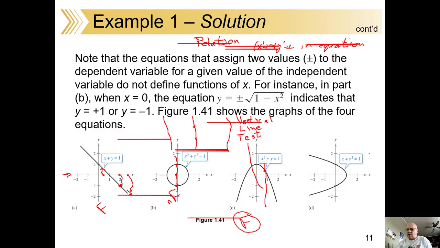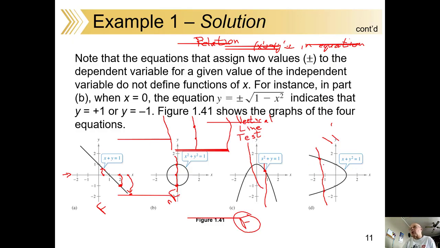On this one, however, it's easy to draw a vertical line. Oops, why is this doing this to me? I guess it's because I have my hand on the graph. You can draw a vertical line. Imagine that's a vertical line. Anyway, it crosses it twice.